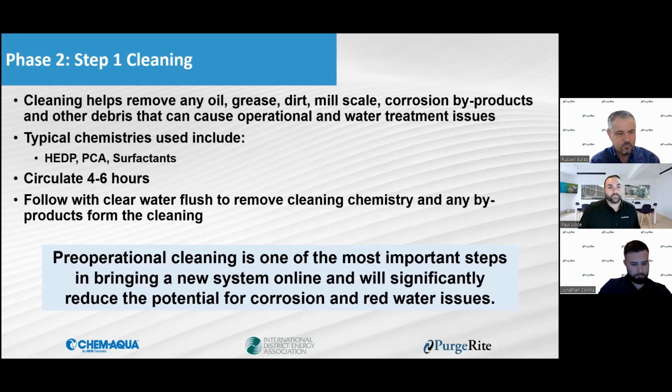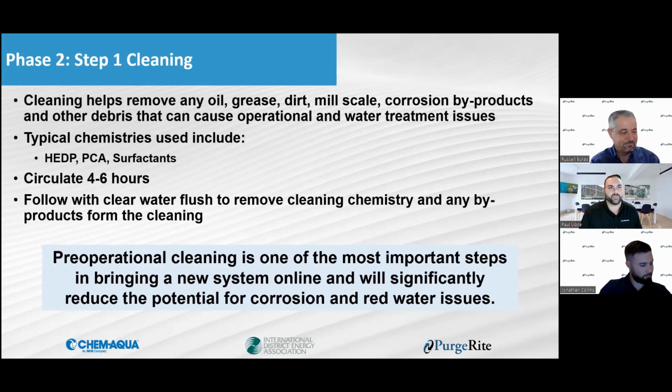The circulation time on this is really important. We're looking at 4 to 6 hours, at a minimum, right, of chemical contact circulating through that system. Pat has a great analogy, where it's kind of like, how long do you wash your clothes for in the washing machine, right? When do you stop it? You can keep it going, and it's not going to hurt anything.